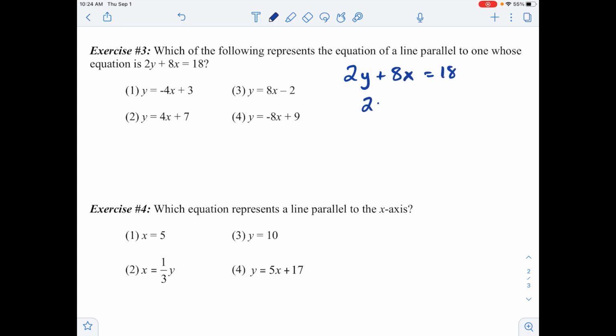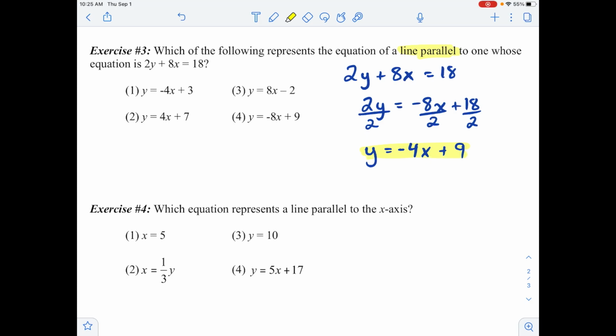All right, so I'm going to subtract 8x from both sides. And then I want to get y by itself. Y equals negative 4x plus 9. Okay, that's in slope-intercept form.